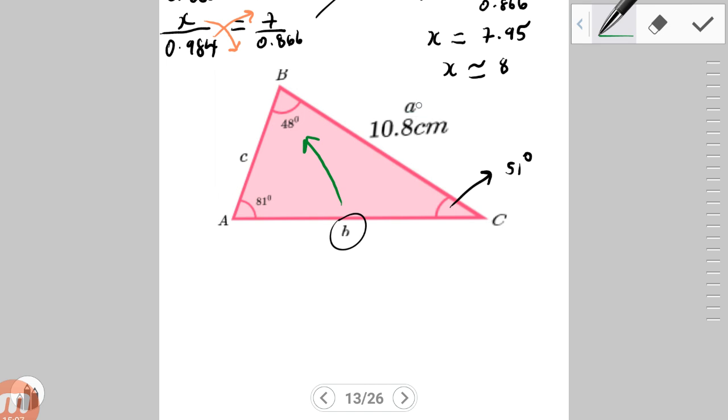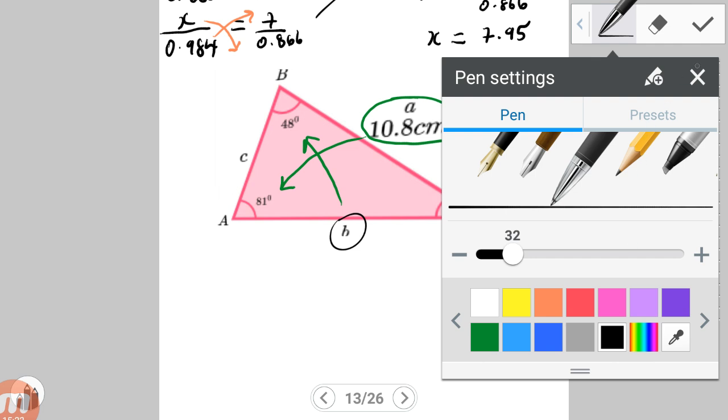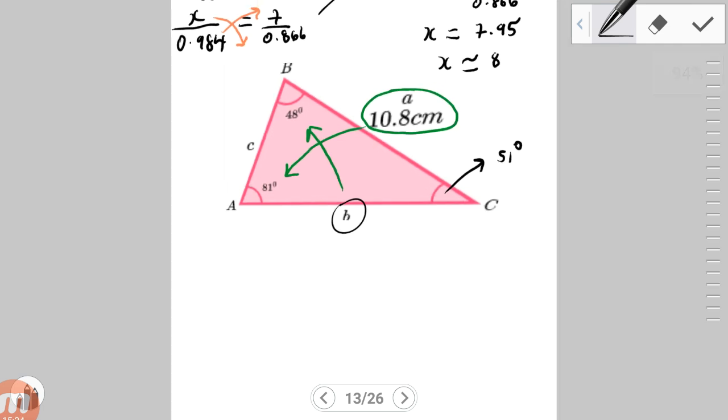And also we must be provided with another side and the angle supporting that side, or the angle that is opposite to that side. So yes, the criteria has been met, so we know right away that we can use the sine rule. So we could simply say here that a divided by the sine of the angle facing a is equal to b divided by the sine of the angle facing b.